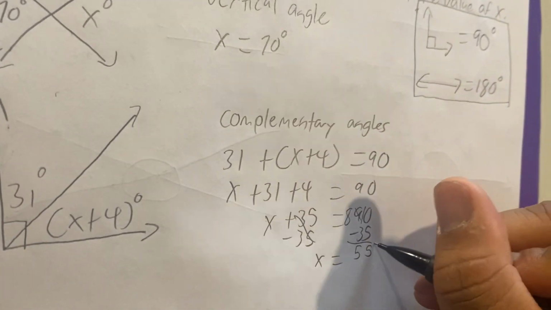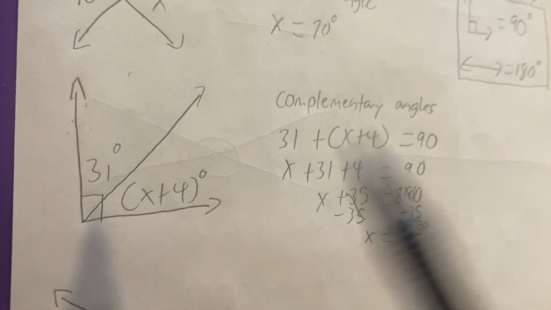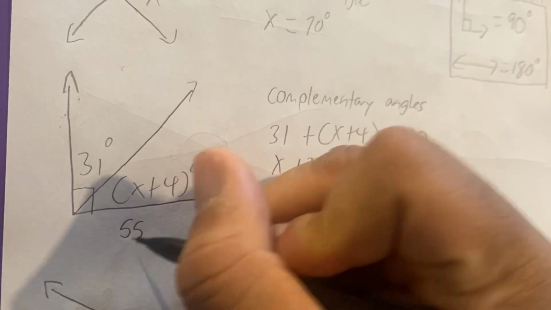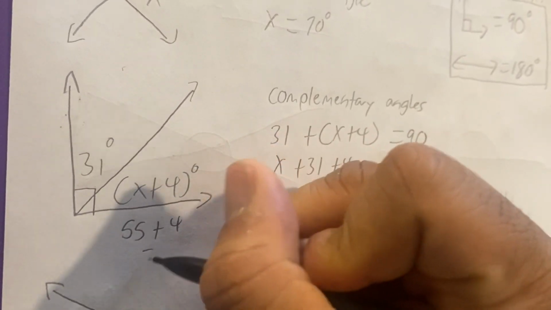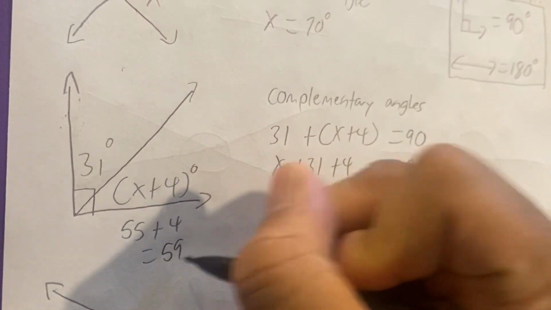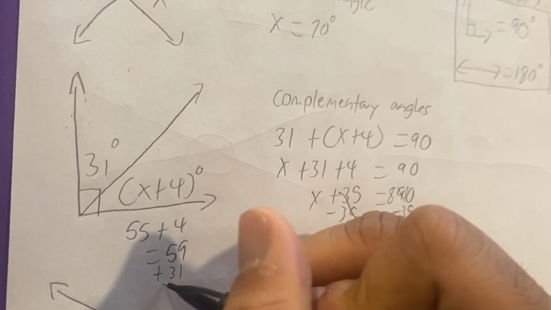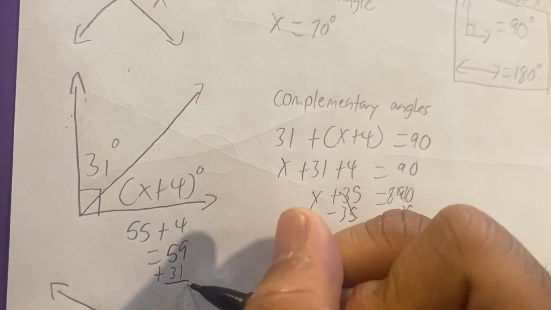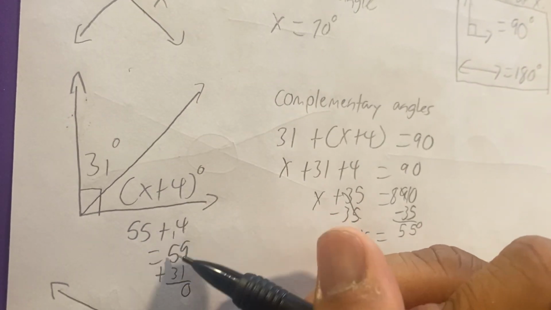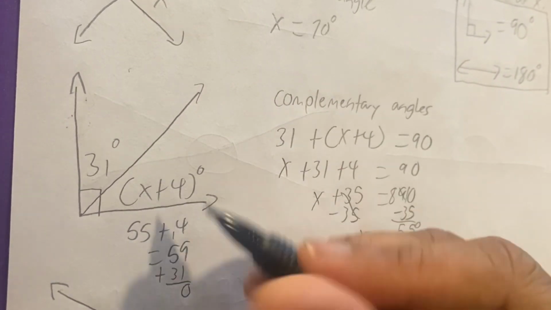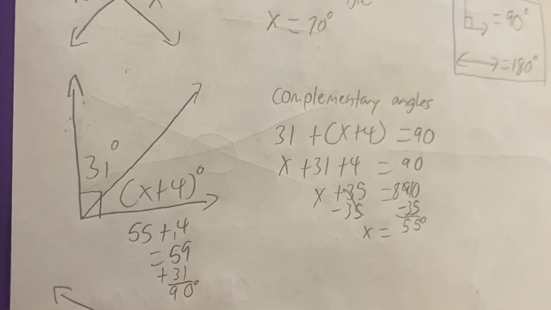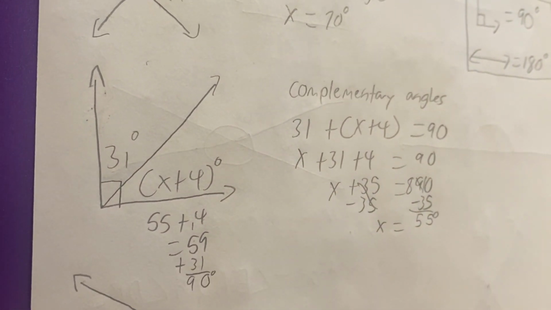So x equals 55 degrees, because 55 plus 4 equals 59, and 59 plus 31 should equal 90. 9 plus 1 equals 0, then 1 plus 5 equals 6, 6 plus 3 equals 9, so 90. So that's what makes it a complementary angle.